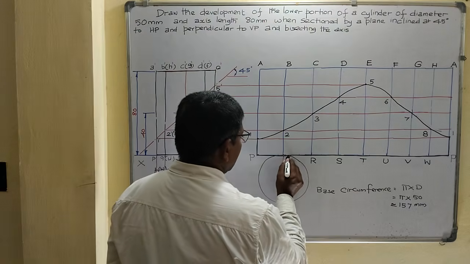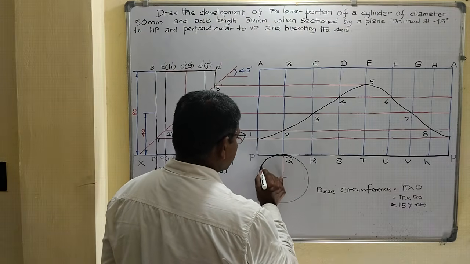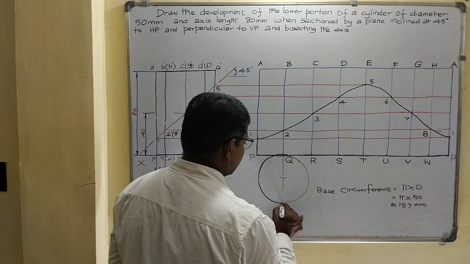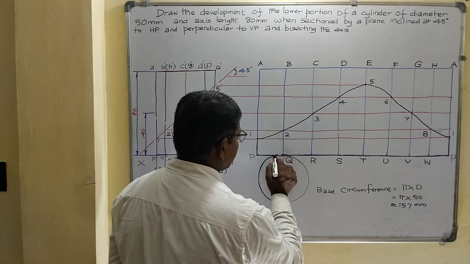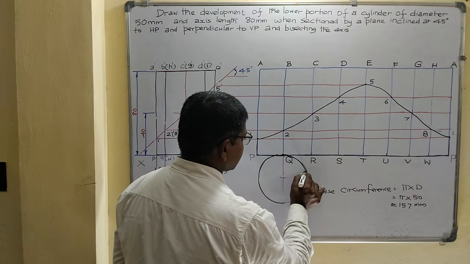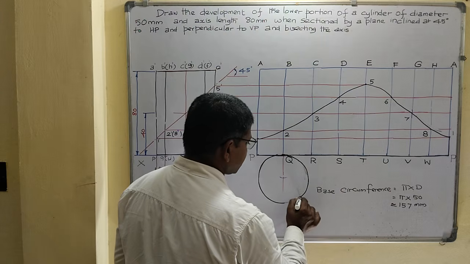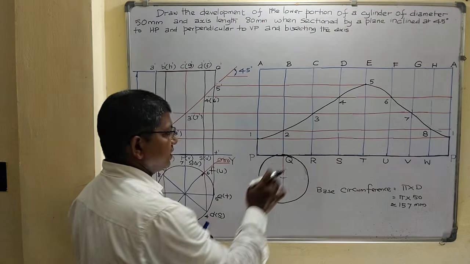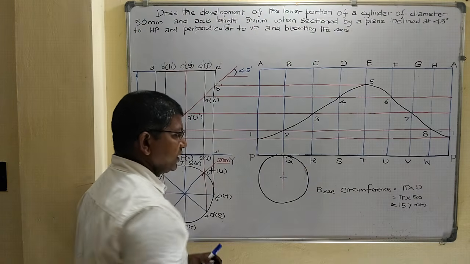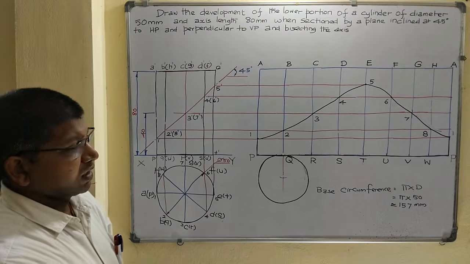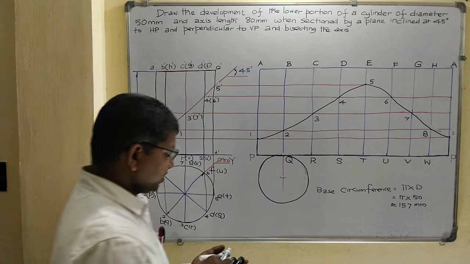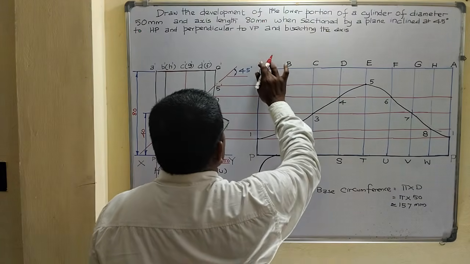Because the question is to draw the development of the lower portion of the cylinder, not only the lateral surface. For the lateral surface alone, there is no need to draw the bottom base. But here we have to draw the base circle.